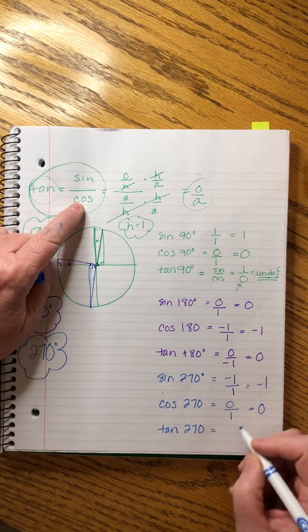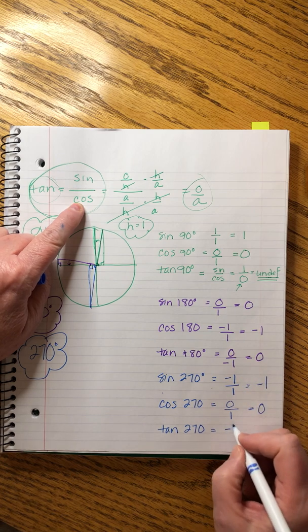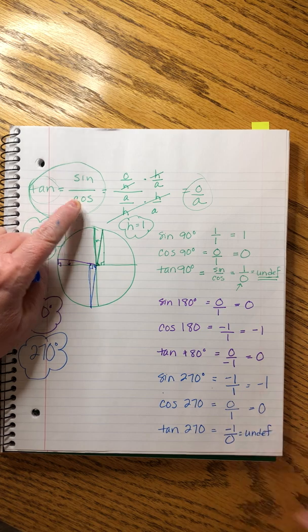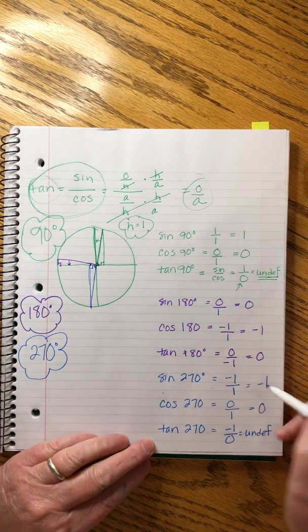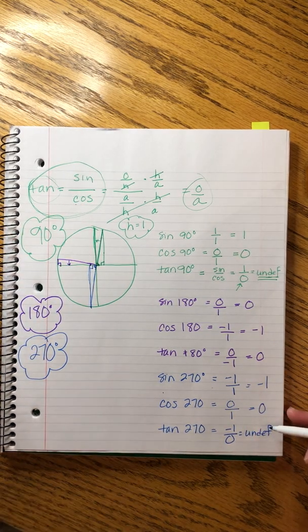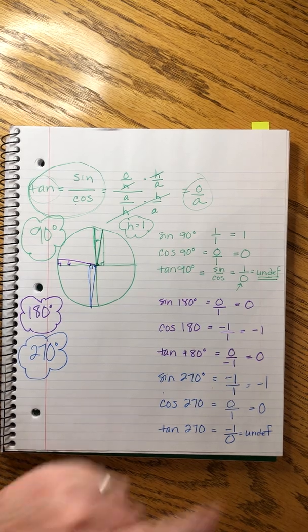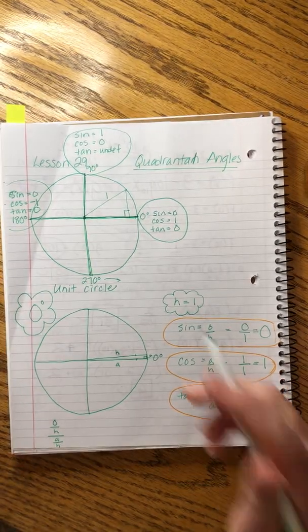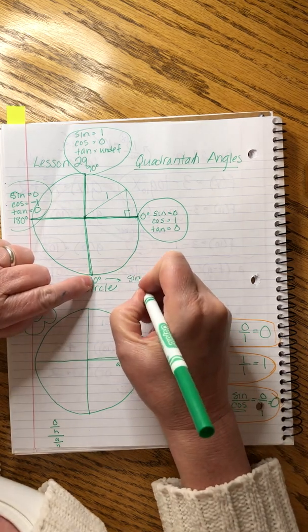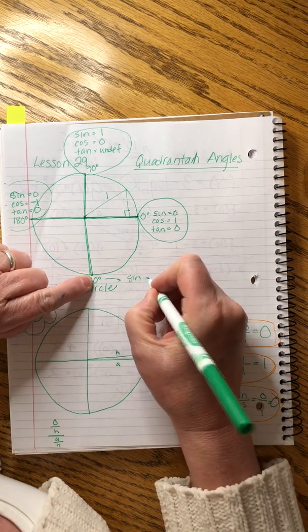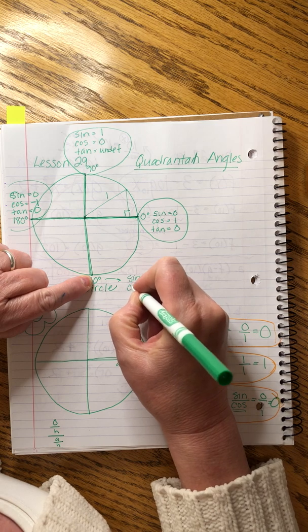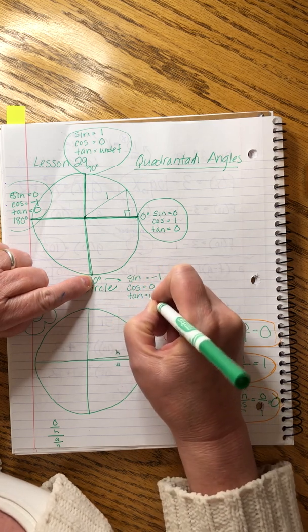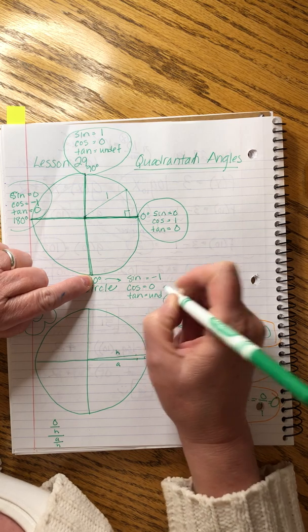Tangent, again, sine over cosine, so it's -1 over 0, oops, undefined. So here are the values for 270 that I'm going to add to the front chart. Sine is -1, cosine is 0, tangent equals undefined.